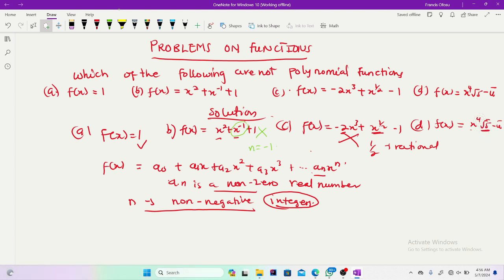Then the power here is x to the power 4, which is also a non-negative integer, right? And we have a constant here, which is pi, and pi is also a real number. Yes, so that is it. So this is also a polynomial function. So we have this and this being our polynomial functions. These others failed to be polynomial functions.